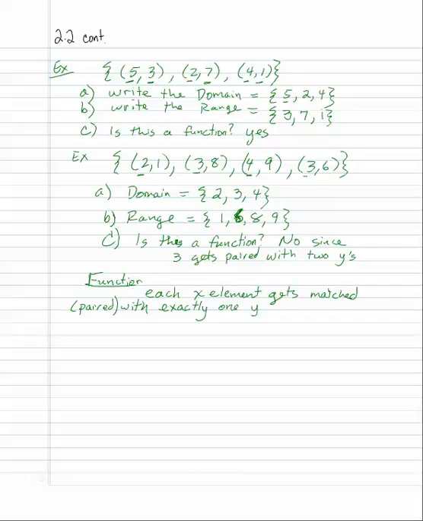So every x gets 1 y, exactly 1. That's the key word. And remember, domain is the set of all x's, range is the set of all y's. But they don't have to be x's or y's, but that's typically the way we think of it as ordered pairs.